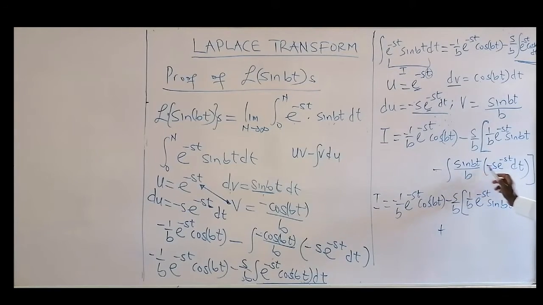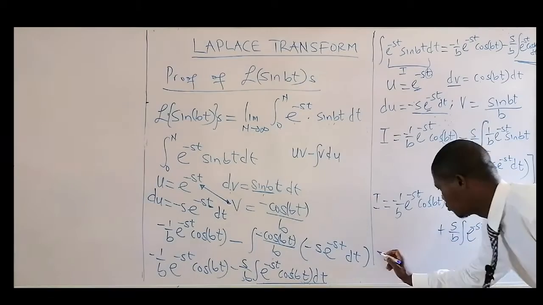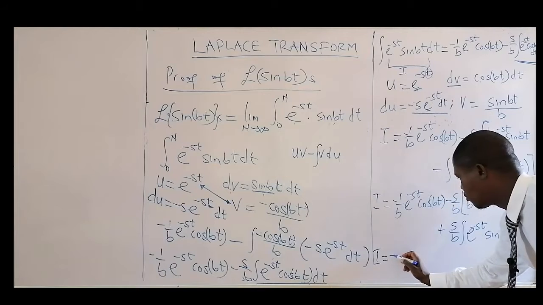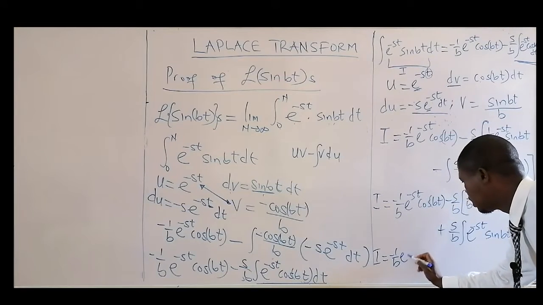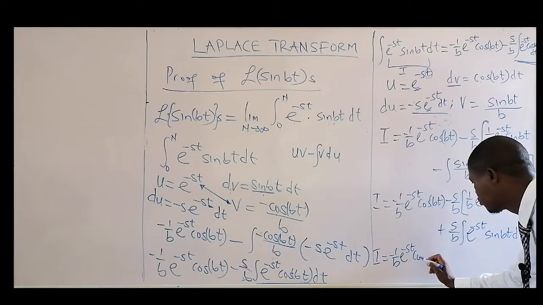This s, you can take it outside. That's s over b integral of e to the minus st sine bt dt. Then that will be equal to just minus 1 over b e to the minus st cos bt.